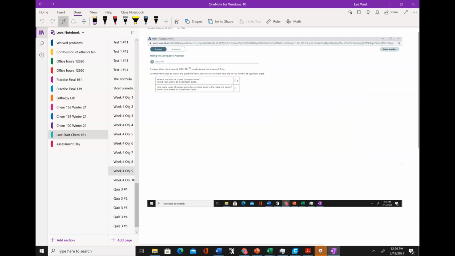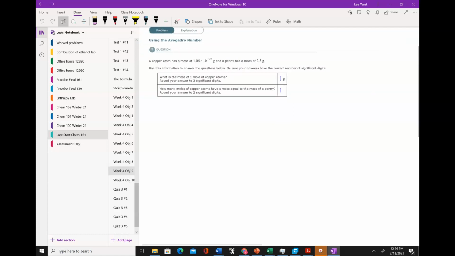Okay, now we got a couple of math bits. We're going to do some mole stuff and see how that works out. So it says a copper atom has a mass of that many grams, and it's not surprising, it's pretty small. And then it says a penny has a mass of that.